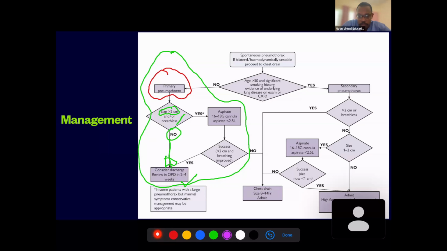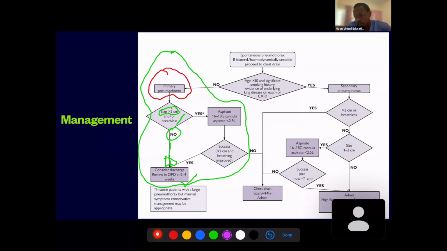Focus. If the patient has a primary pneumothorax with size more than 2 centimeters and you aspirate it and repeat the chest X-ray, and still the size is the same, or the size has not decreased, or the size has increased, or the patient's symptoms have not improved, so what will you do?